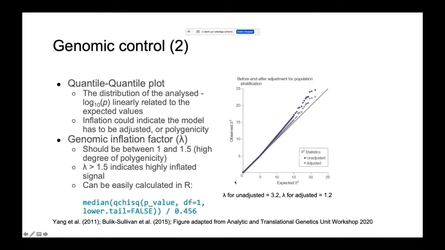And this is also reflected by the lambda value, which is 3.2 for the unadjusted model, while it is 1.2 for the adjusted model. And this genomic inflation factor should ideally be between 1 and 1.5, wherein the 1.5 really indicates a high degree of polygenicity, and a lambda value above 1.5 would indicate a highly inflated signal. And this can be easily calculated in R, for instance.